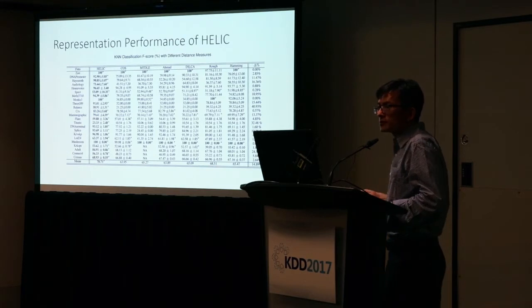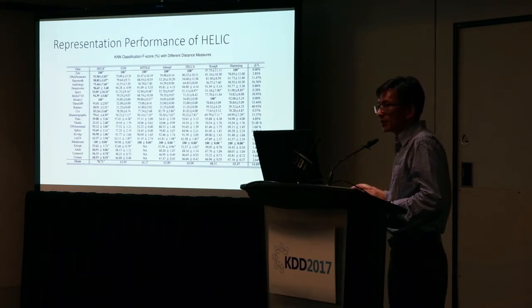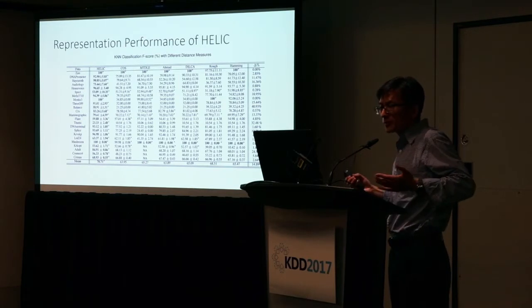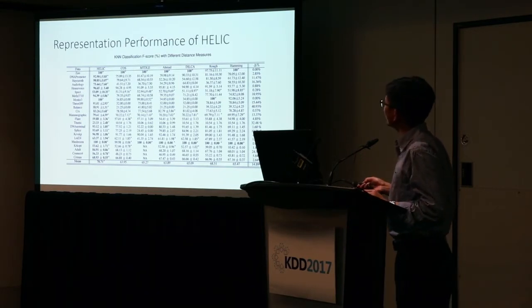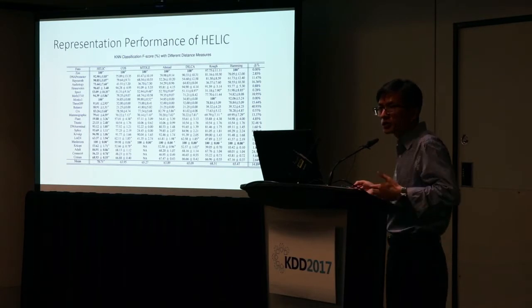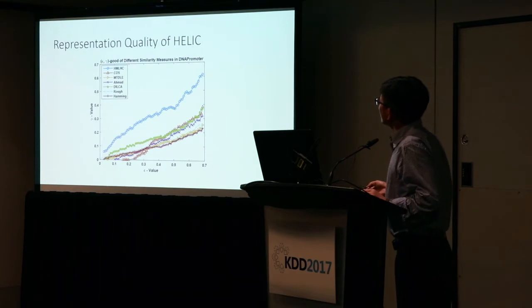So it seems like this is quite significant, right? And by the way, the data here is actually quite simple, which again indicates that considering complex relations and heterogeneity is actually quite important. So that's the representation quality.